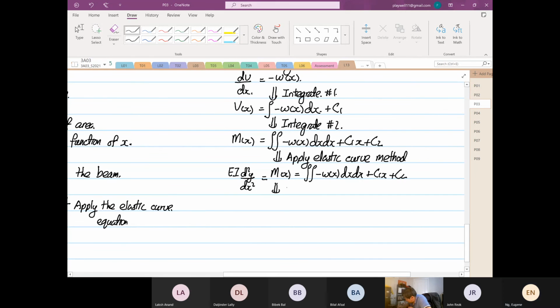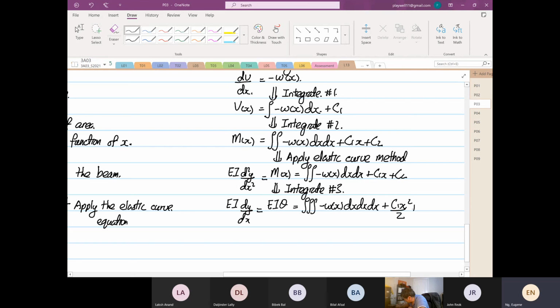It is math intensive, but simple math, nothing like what you are doing in your 2nd or 3rd year math. This is easy. So this is EI dy by dx, where dy by dx is also known as the slope, so this is also EI theta. So you integrate 3 times after applying the elastic curve, plus C1x squared over 2 plus C2x plus C3.